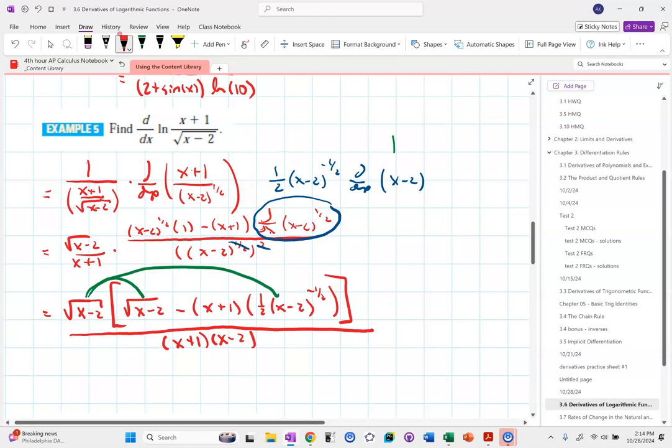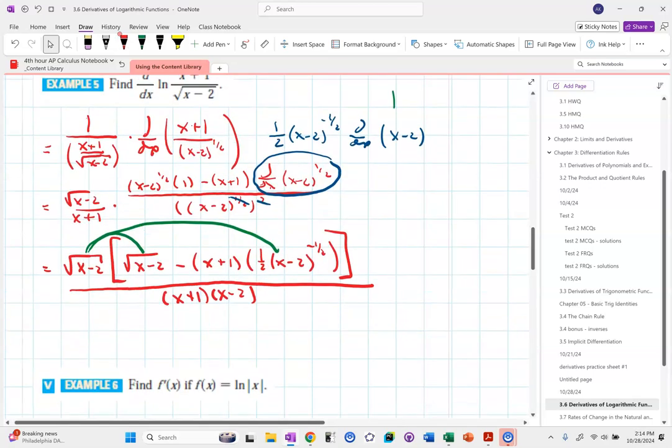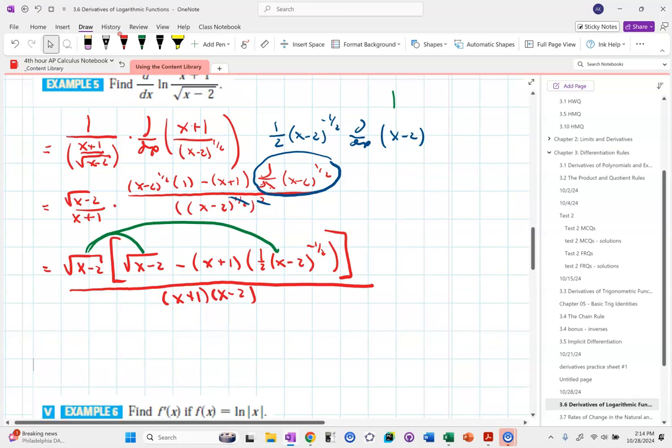All right, let's distribute this through. Yes. For tests, we have to distribute it through. Well, if it's a multiple choice question, yeah, but for tests on a free response, you would not. So square root x minus 2 times square root x minus 2 is just x minus 2, right?